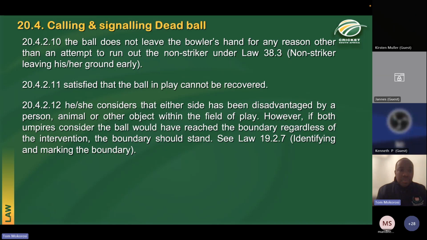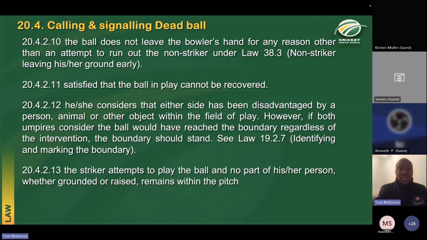But if we don't feel that the ball would have gone on to the boundary, then we either let play go on, or if we feel that either side has been disadvantaged significantly by the contact with the ball by the animal or person who is not supposed to be part of the game, then we can call and signal dead ball.